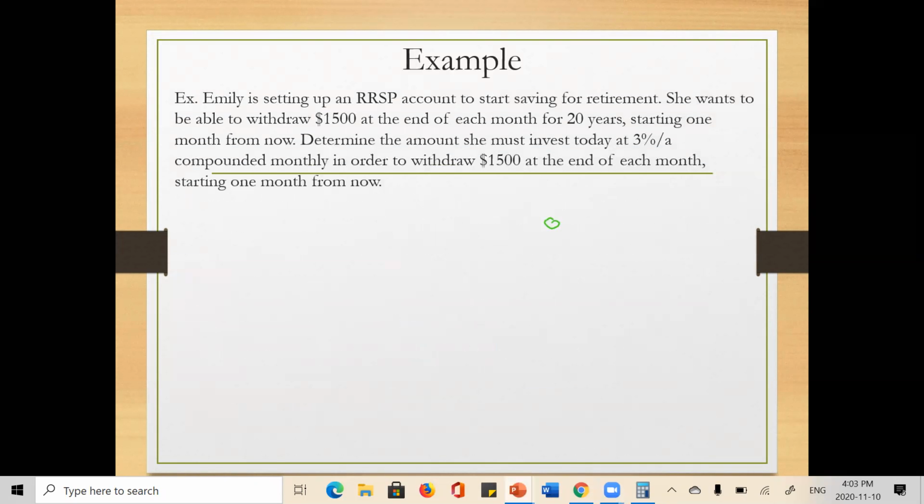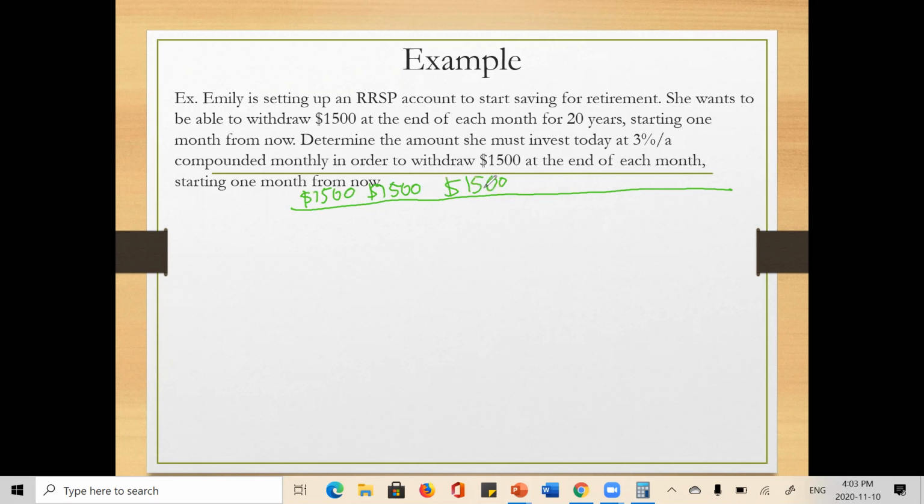So in the first example, we have someone setting up an account, and we're told they want an RSP, which is what you save for retirement. They want to make sure they have enough money to withdraw $1,500 at the end of each month for a total of 20 years.